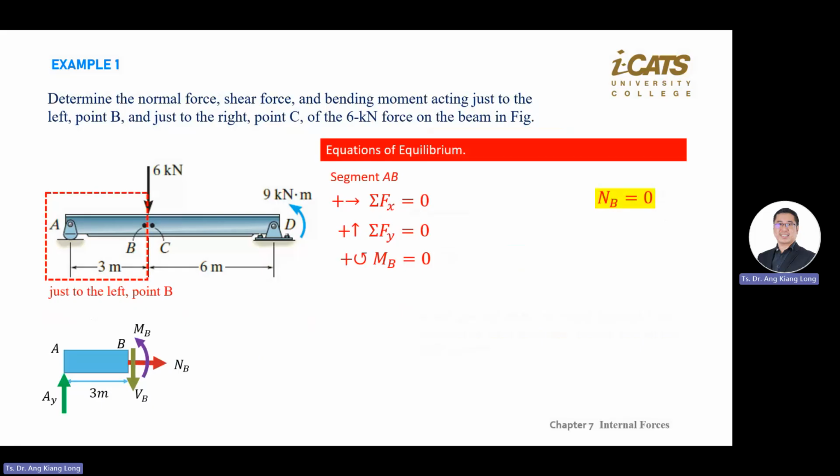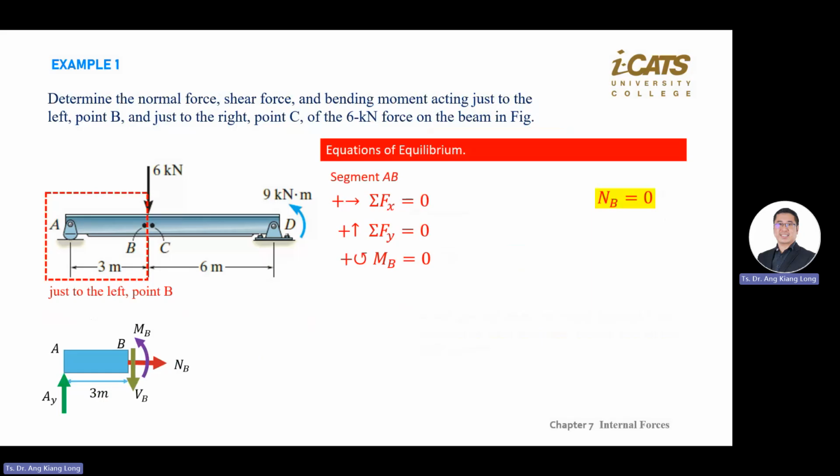Okay, so first one, all the force in x direction equals 0. If you refer to the diagram, you know NB equals 0. It means from the first equation, you find NB equals 0. Don't jump. When you solve problems, don't write somewhere too far from this equation.